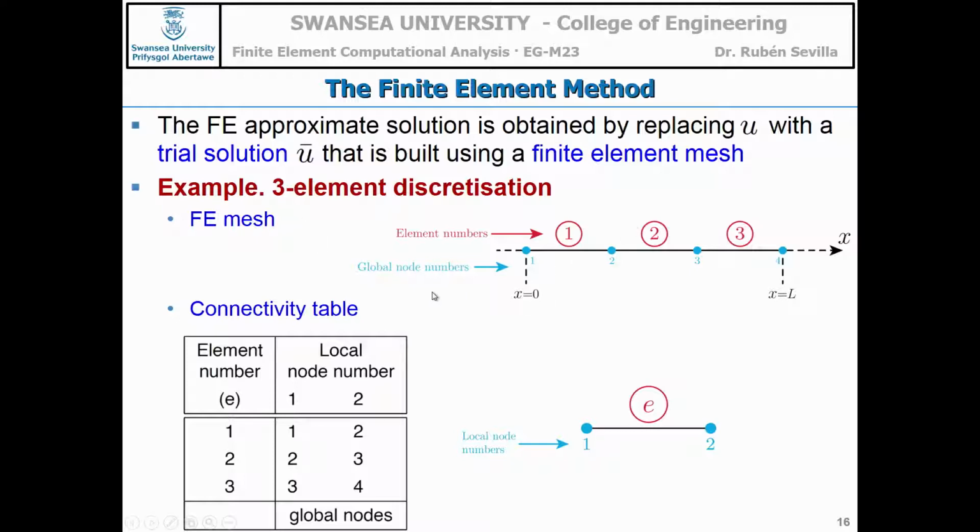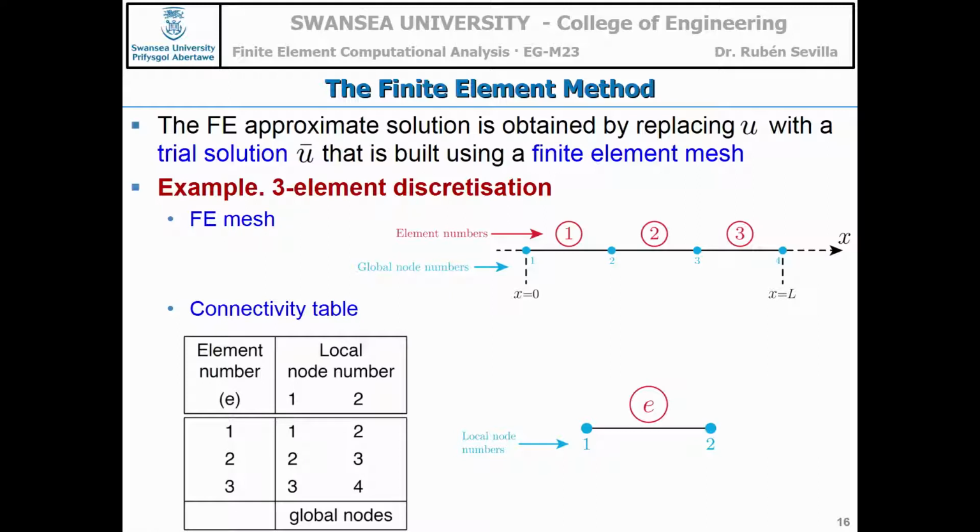Important here, there are 2 types of numberings. Okay, and this is probably one of the most important things at this point. When you look at the nodes in the whole bar, you have what is called the global numbering. Okay? The node number 1, the node number 2, the node number 3, the node number 4, etc. Okay?